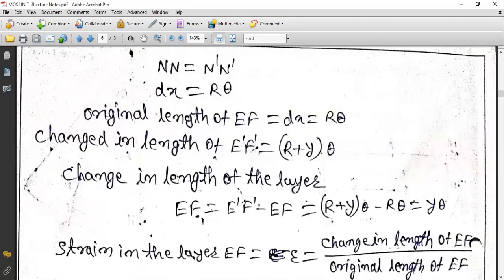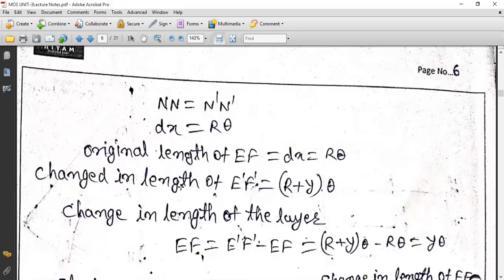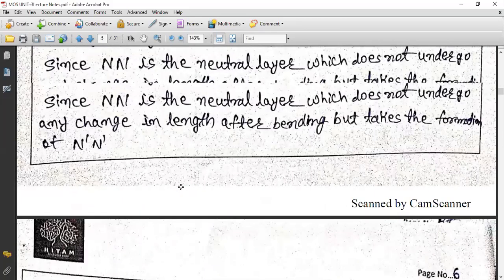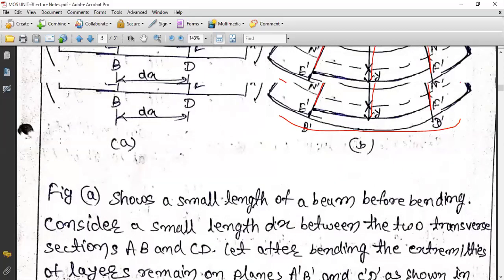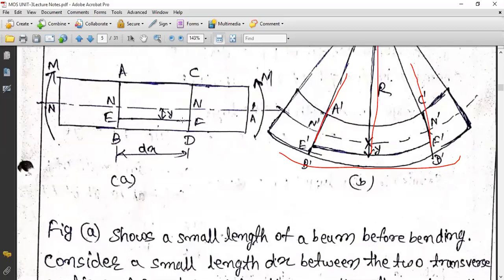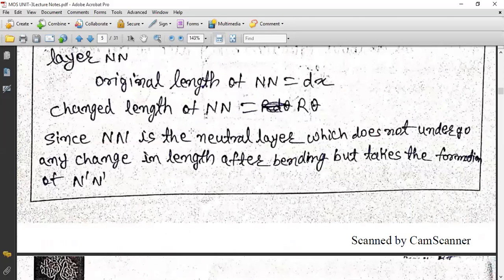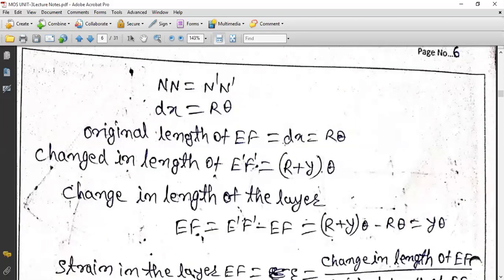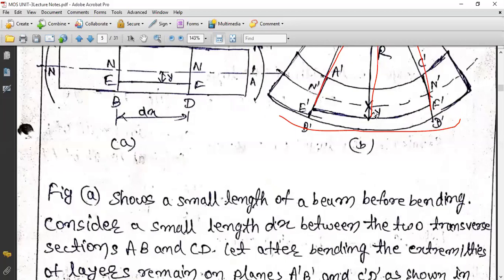Then the original length of EF. You can see EF is also equal to the length of NN, so the original length of EF is also dx, equal to r theta. Now a very important step: the change in length of E'F'. What is the distance of E'F' from the neutral layer? That is y.